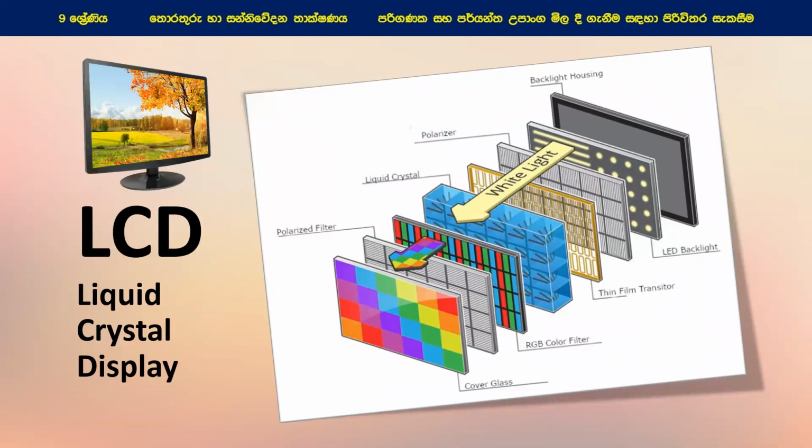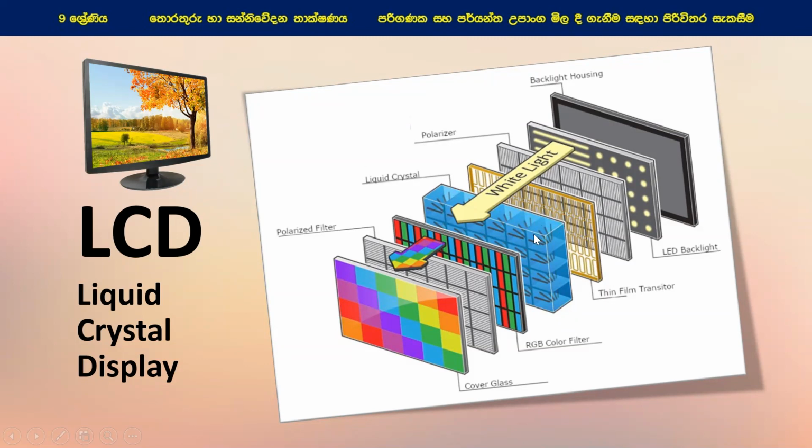Liquid crystal display uses a technology where it takes the light and passes it through a liquid crystal structure. Like you can see on this picture, there is this liquid crystal structure at the middle of the monitor.